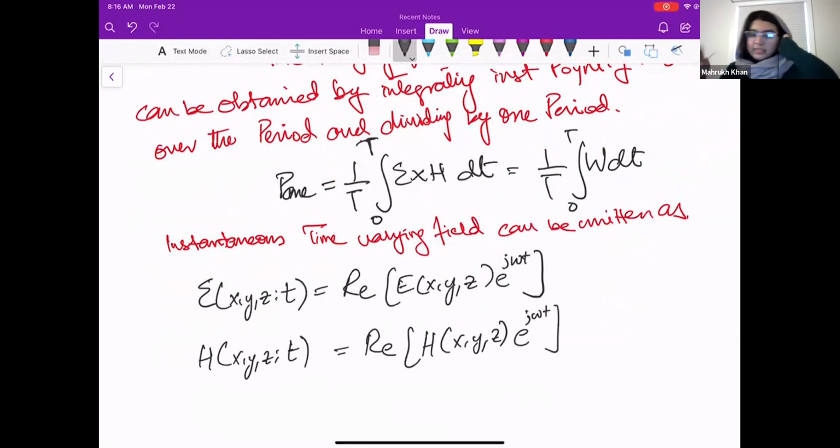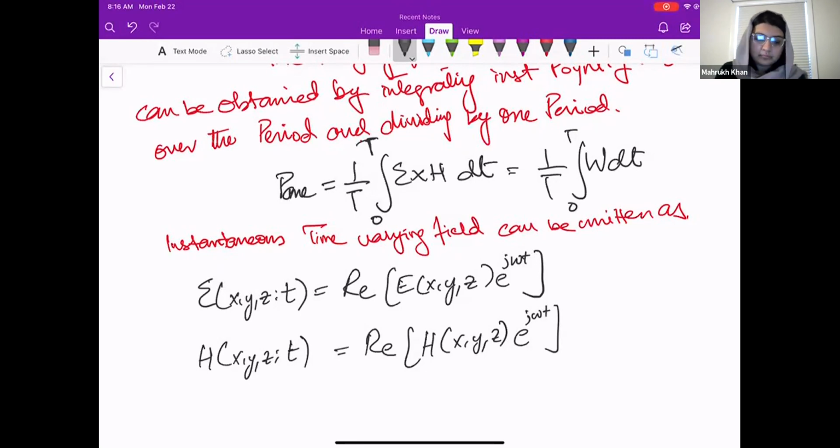So after dealing with waves, I think we are very much familiar with this. The time varying field we define as this, that is the real part of e^{j omega t}, and xyz says that it can propagate in any direction of x, y, and z.